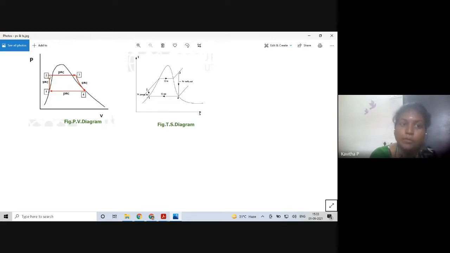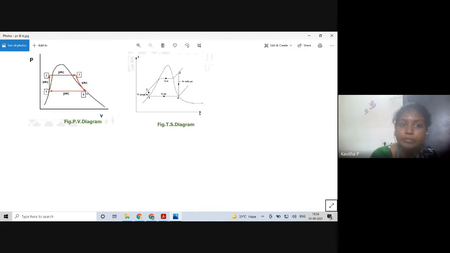Since the boiler is operating at constant pressure, it is denoted by a horizontal straight line over here. Then the superheated steam enters the turbine and goes through an isentropic expansion process, which means the pressure of the steam is reduced in the turbine. The thermal energy from the steam is converted into kinetic energy, which is then converted into rotational force by the turbine blade rotation.